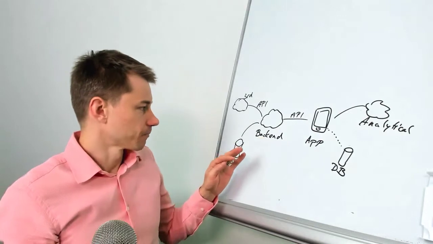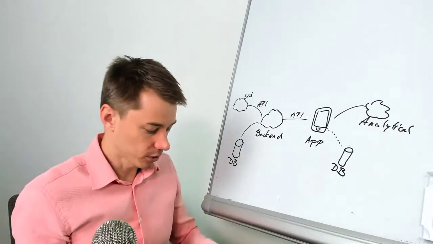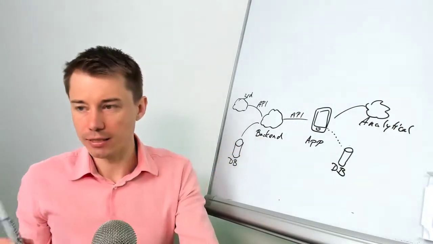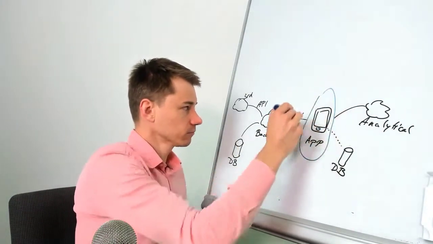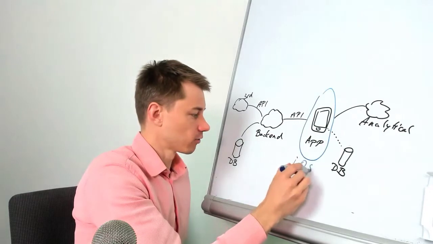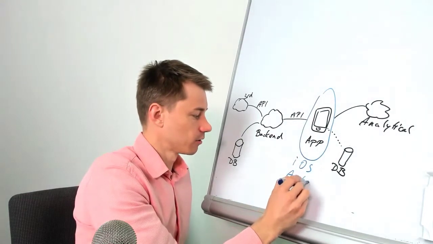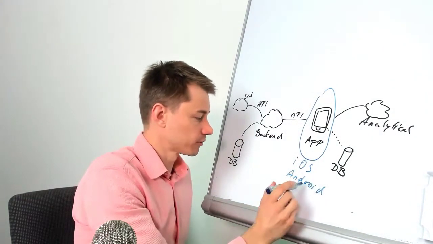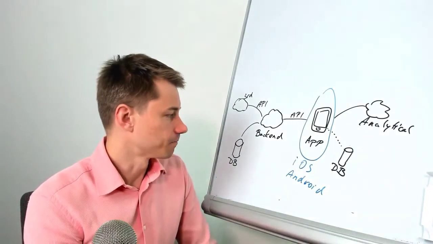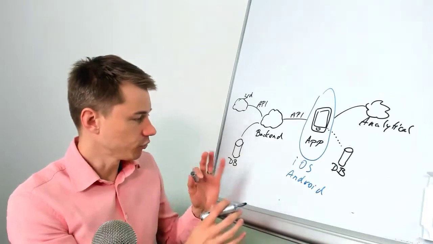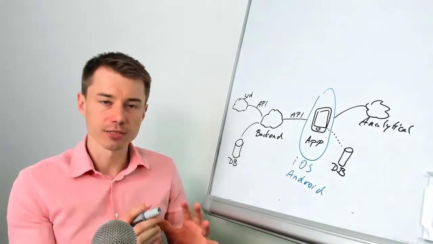So now you usually have a mobile developer who builds this application, all right? So it could be an iOS developer or an Android developer or Microsoft developer, or there used to be BlackBerry years ago. And here you have lots of different small tasks.